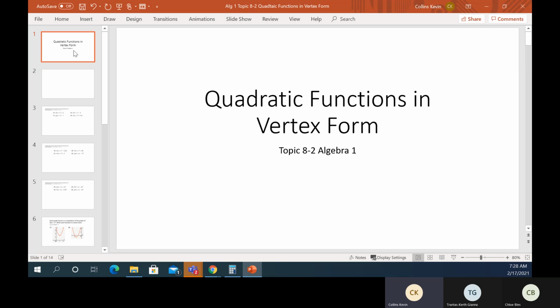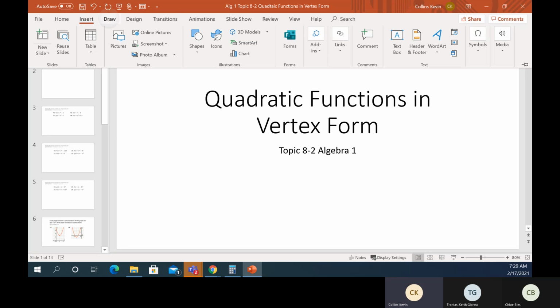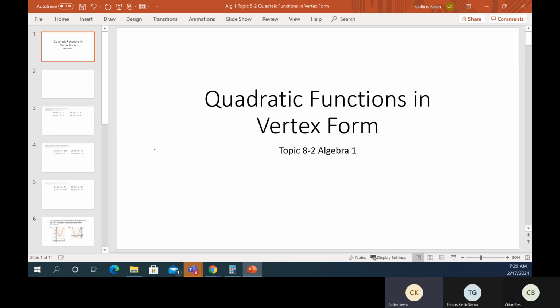All right, so our next topic, topic 8.2, is quadratic functions in vertex form. Now, I've mentioned the vertex already, haven't I? The vertex is, we have a quadratic graph or a parabola, this U shape, right?